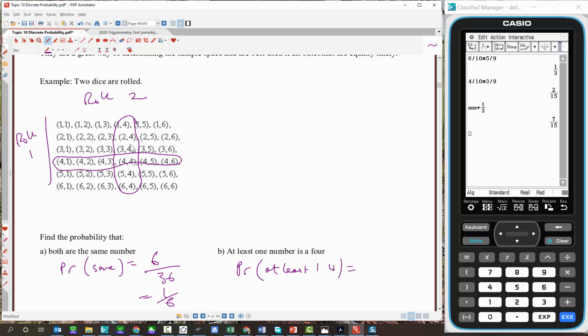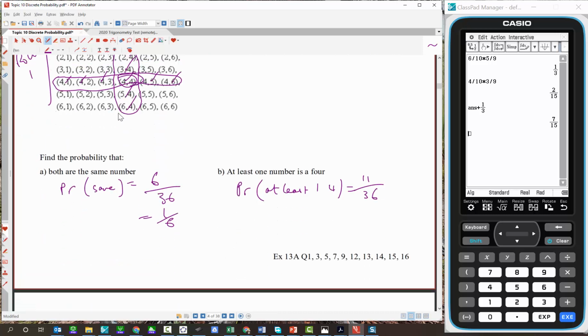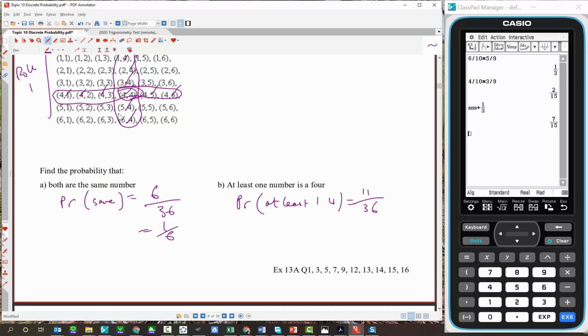So we've got a possible 12, but this event would be double counted. So we're going to say that that's actually 11 out of 36 and remove the double count of the 4, 4. So that will be 1, 2, 3, 4, 5, 6, 7, 8, 9, 10, 11. Again, it becomes quite easy to visualize it if you've got that diagram drawn.